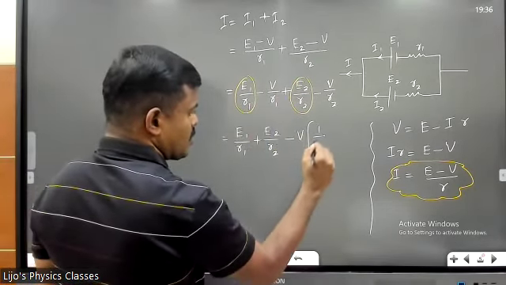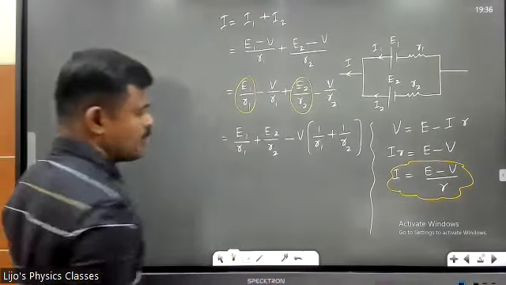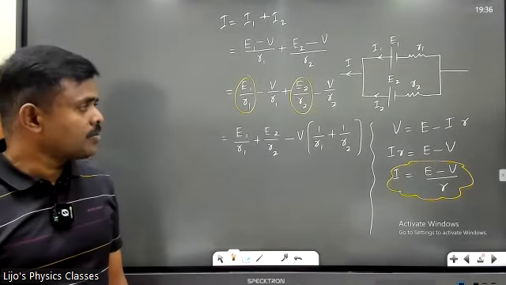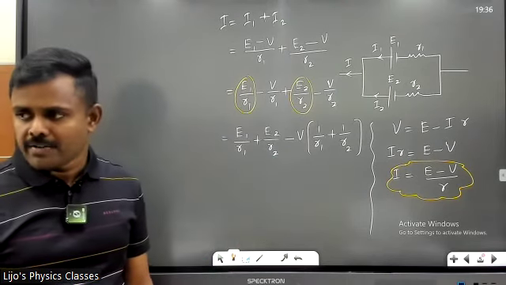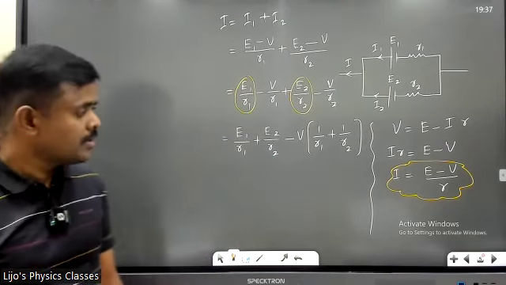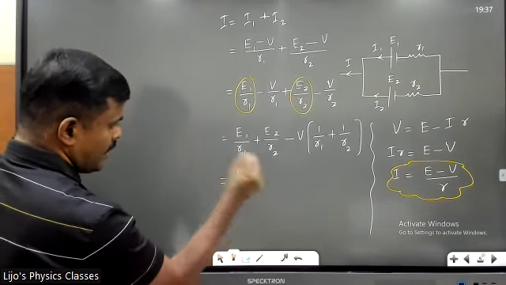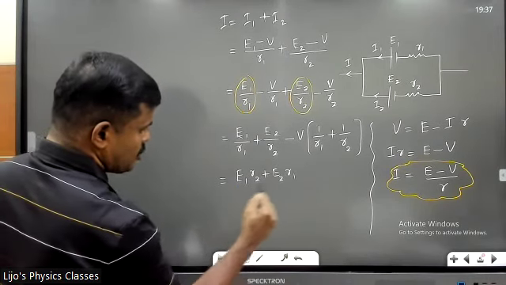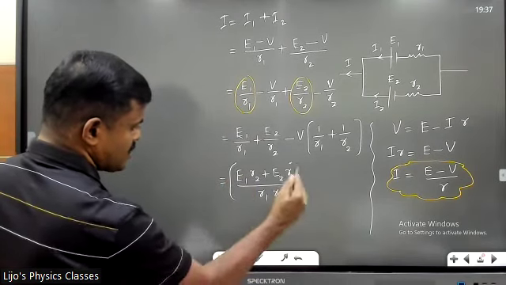Take minus V common: 1 by R1 plus 1 by R2. So we get E1 by R1 plus E2 by R2 minus V into 1 by R1 plus 1 by R2. Take the LCM now: E1 R2 plus E2 R1 by R1 R2 is our first term.